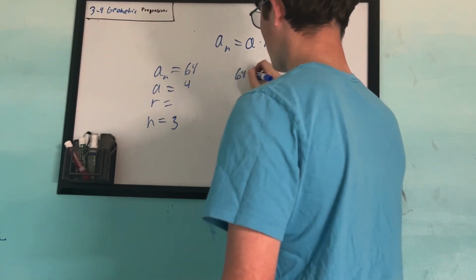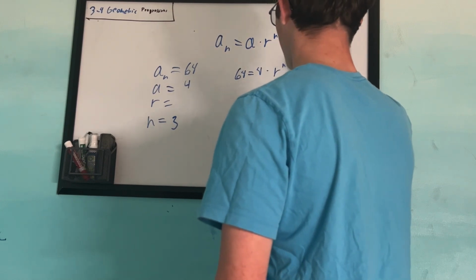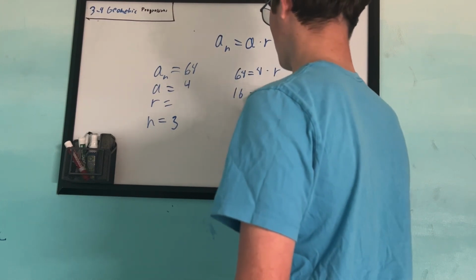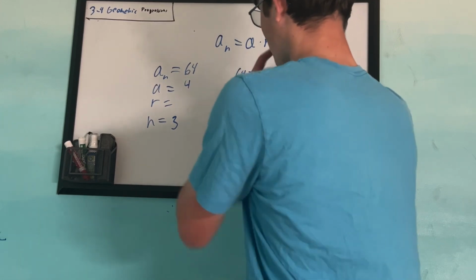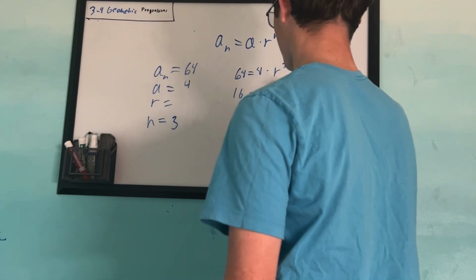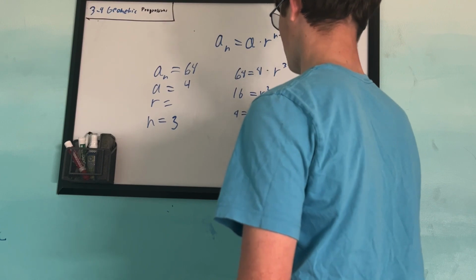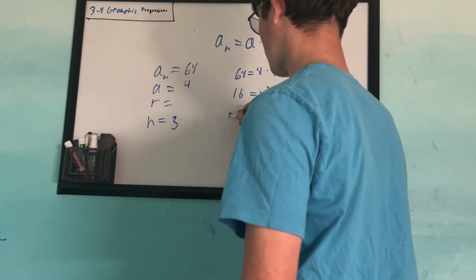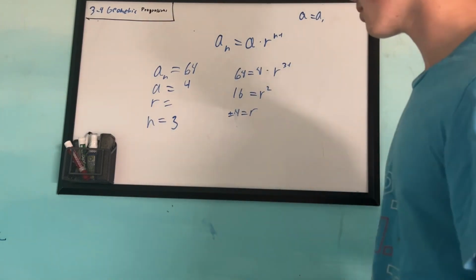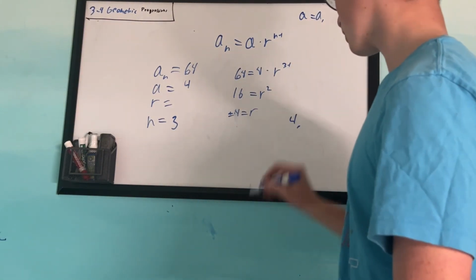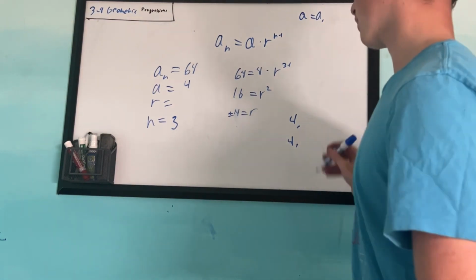We get 64 equals 4 times r to the n minus 1, which is 3 minus 1, so 16 equals r squared, so plus or minus 4 equals r.